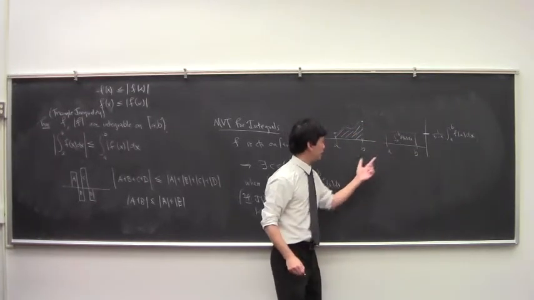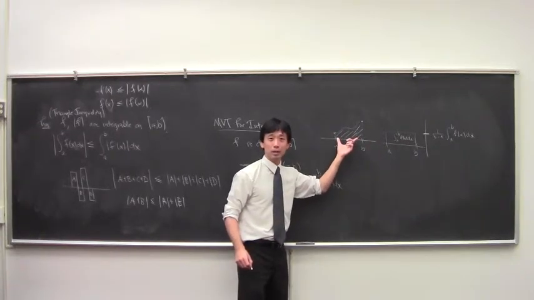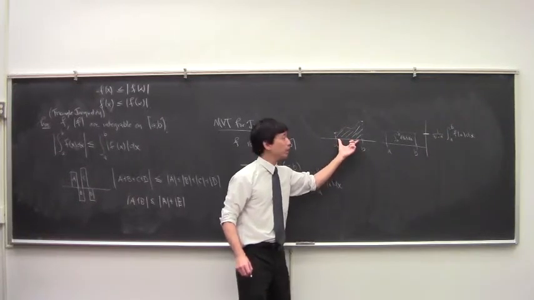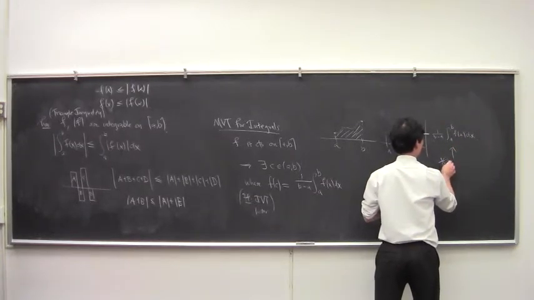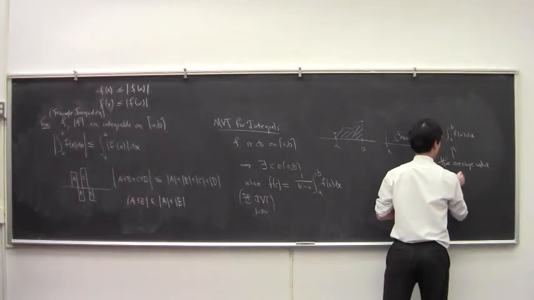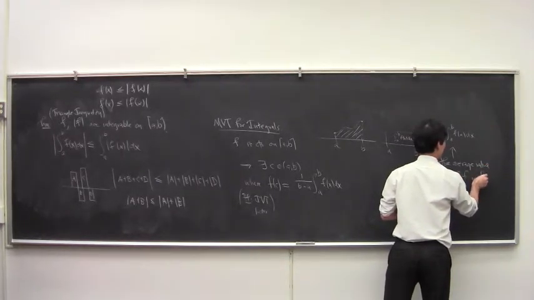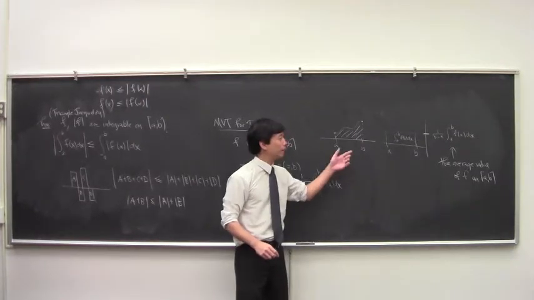In other words, that is the height of a box that has the same area as under the curve that you were looking at. Right? In other words, this is the average value of f on [a, b].